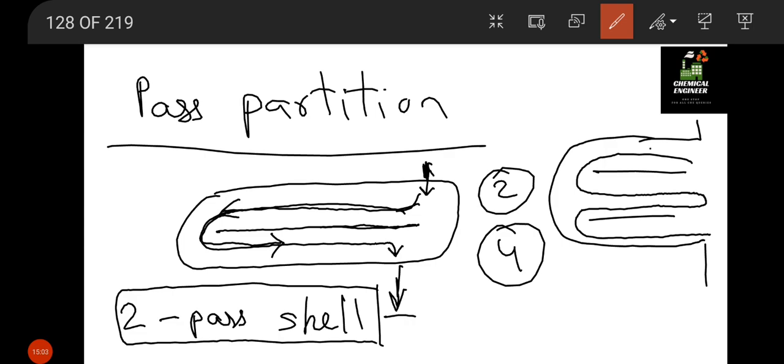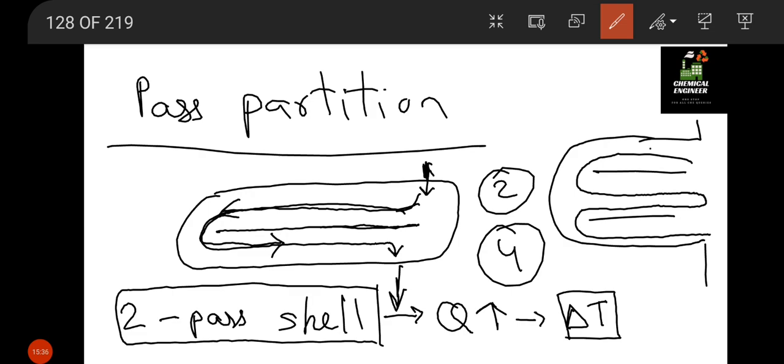The answer is simple: in order to get better heat transfer or better delta T, that is the temperature difference between inlet and outlet. In the shell, the pass partition plate is provided to avoid unfavorable temperature change.